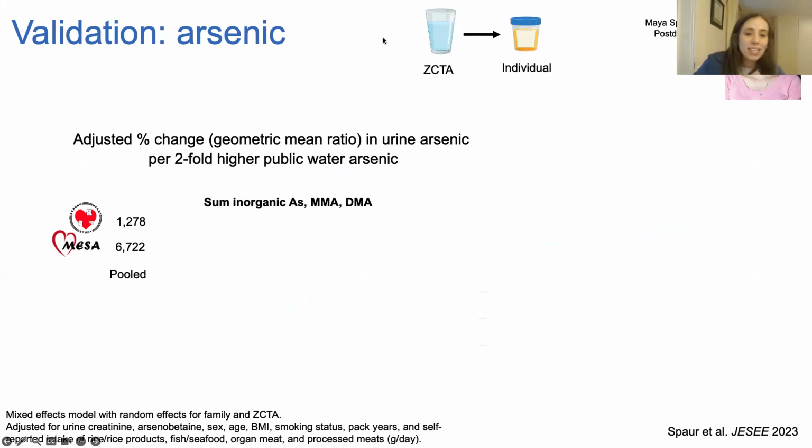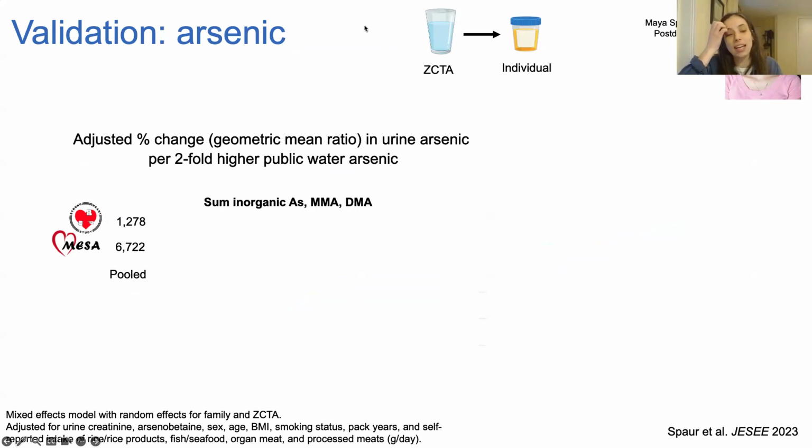So the next set of studies that we've done in this space is to start to validate these geospatial estimates with biomarkers of exposure, which is one way we can try to convince ourselves that these are in fact reasonable to use. This is a study that one of my prior PhD students did.